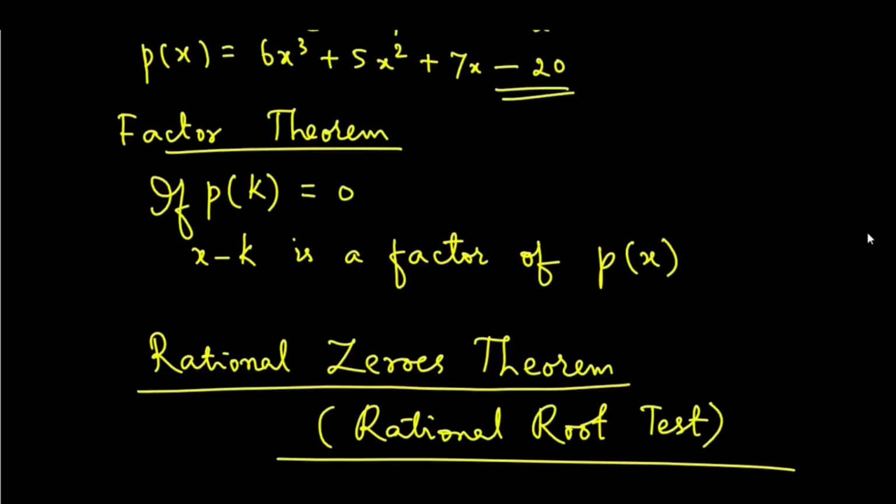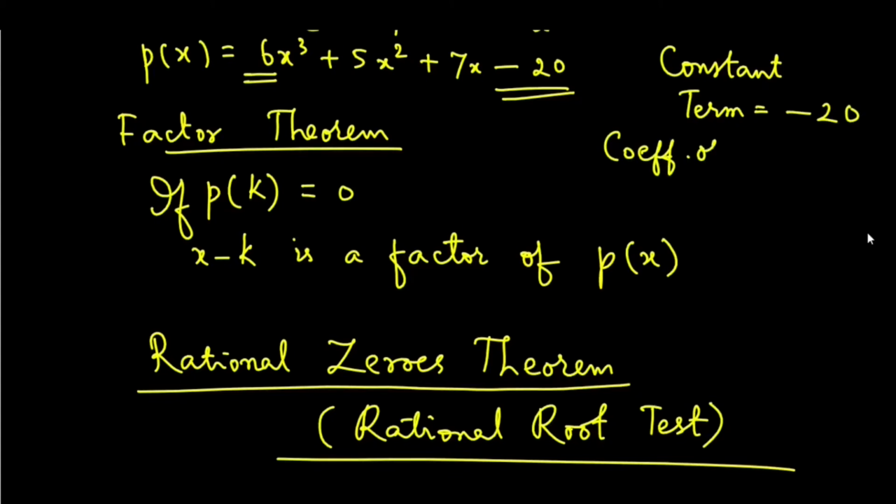We have to take constant term and the coefficient of highest degree term. Here the constant term is minus 20. Coefficient of highest degree term, here it is 6.